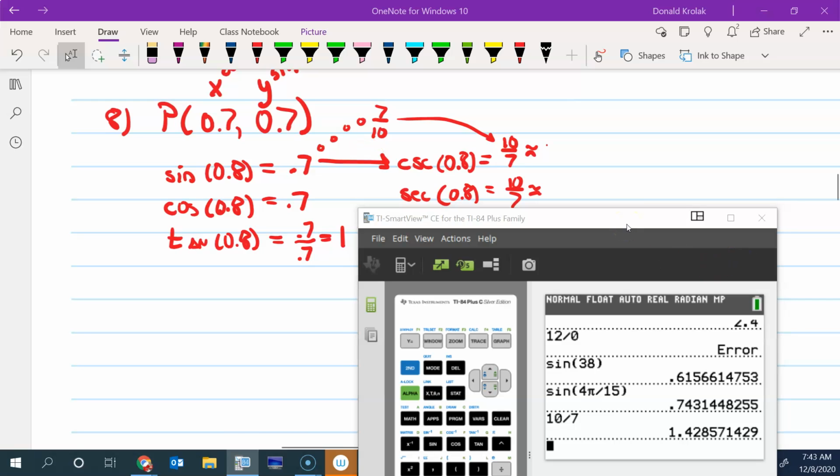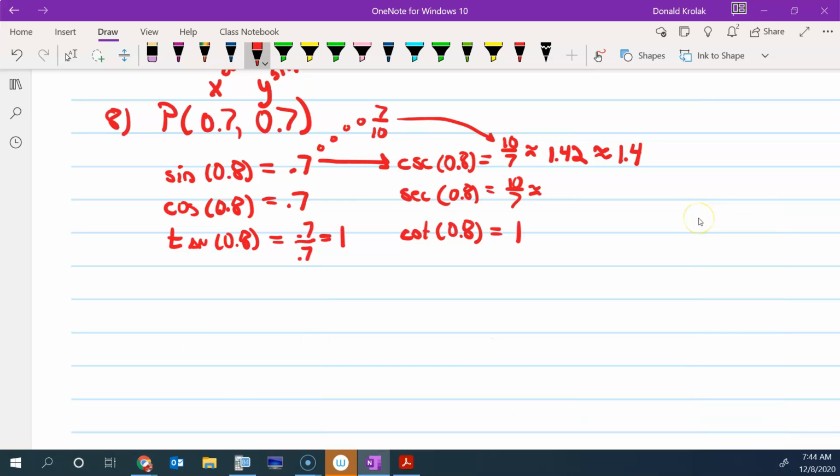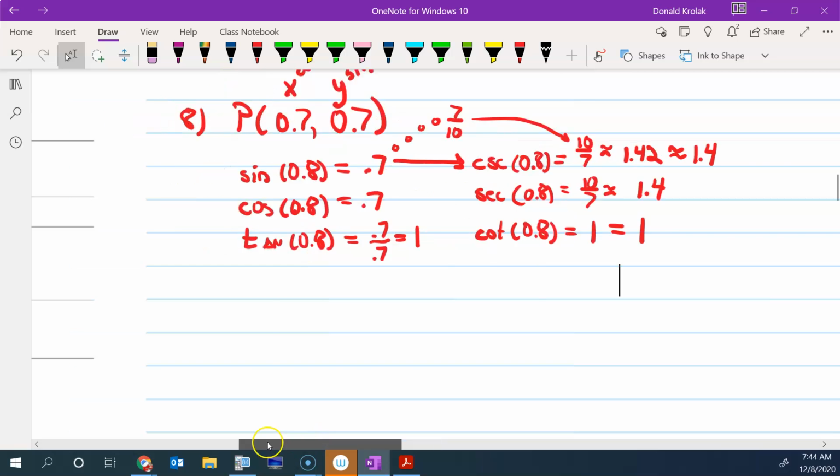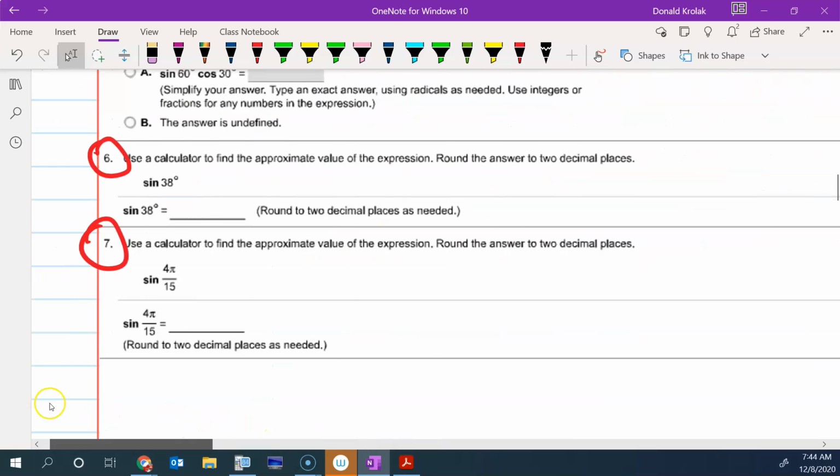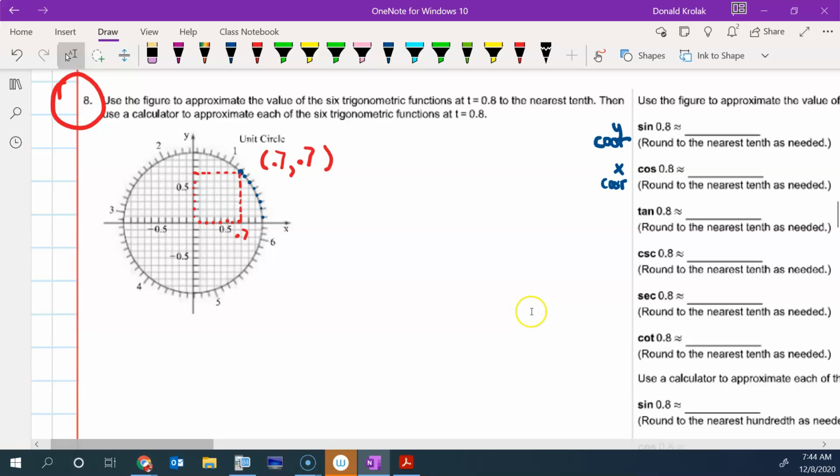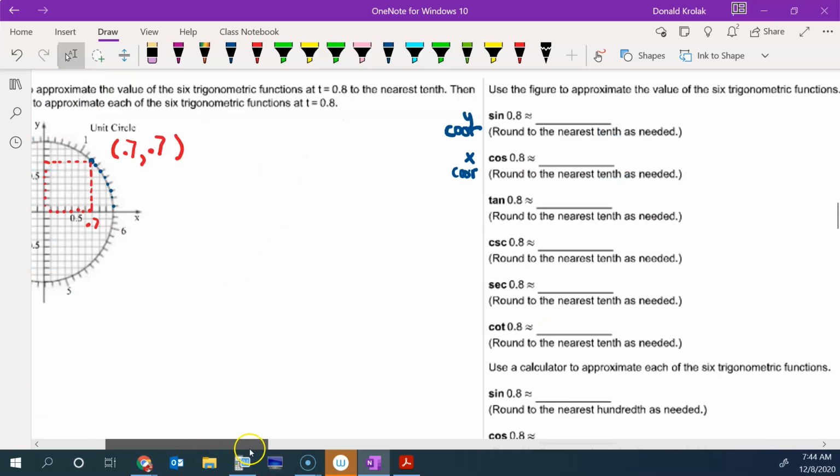This would be 1.428. And if I rounded mine to the nearest tenth, it's about 1.4. All right, so that's what you're doing for the first part of that here, where you're just filling these in.